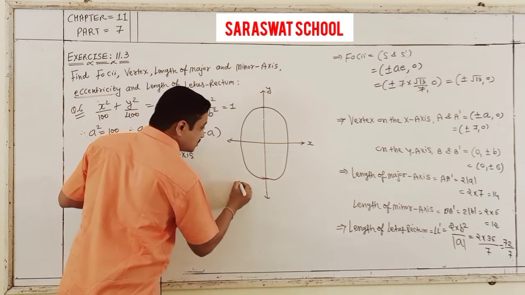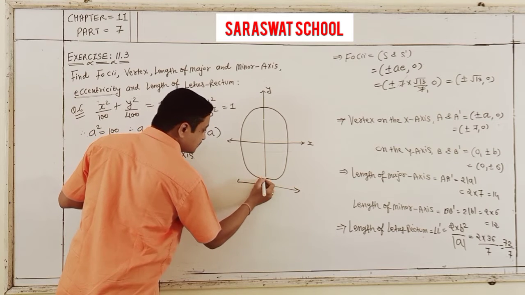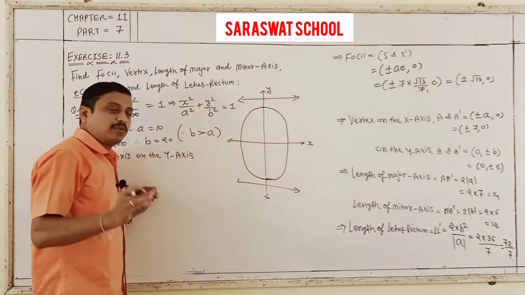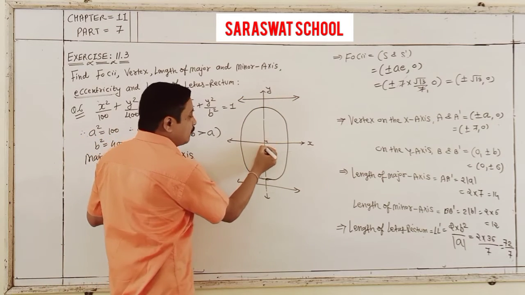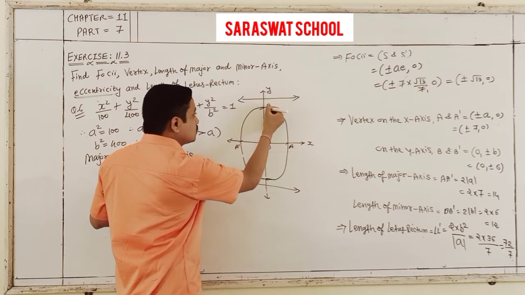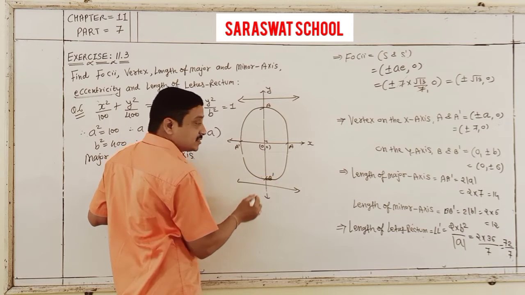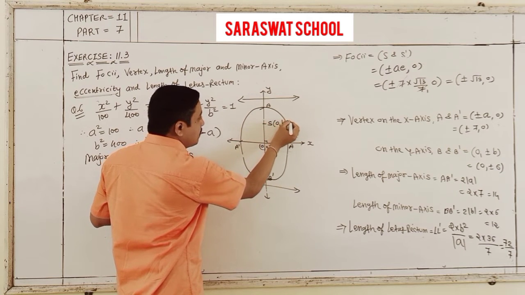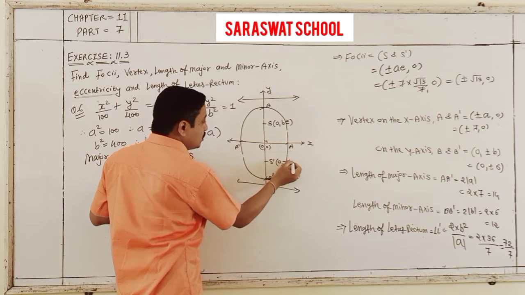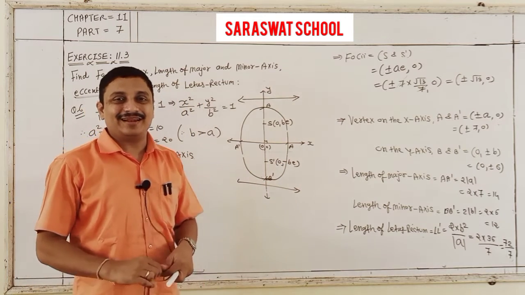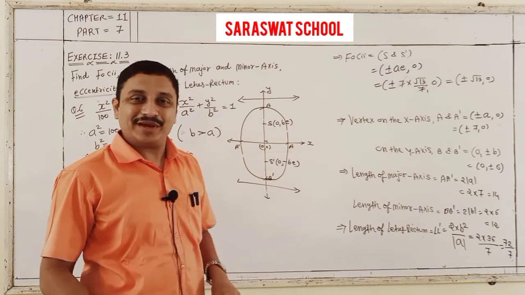And that is the directrix, students. You must draw the figure, then you properly understand what we calculate here. Center, A dash, B, B dash. It is 0 comma b, 0 comma minus b. Yes, 0 comma b, and the next one 0 comma minus b.